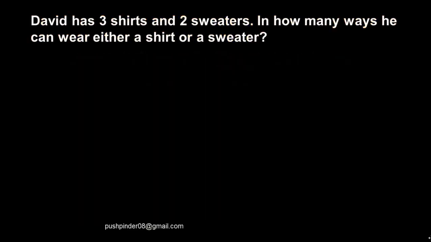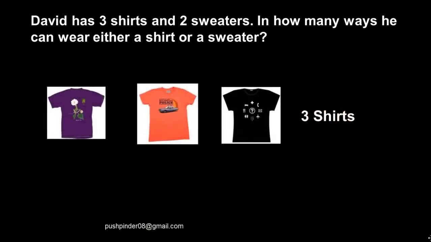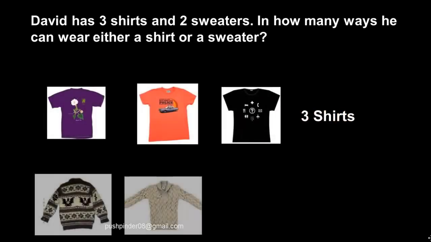Okay, so let's see this simple question over here. David has 3 shirts and 2 sweaters, and how many ways can he either wear a shirt or a sweater? This is a simple question for us. Let's suppose he has these 3 shirts and these 2 sweaters.